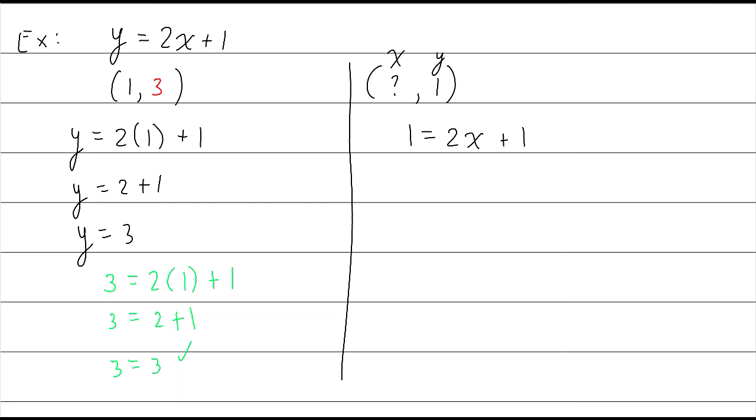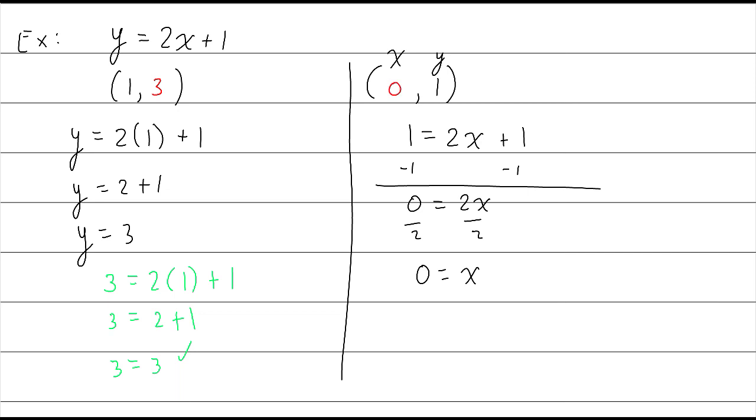I can subtract 1 from both sides. I'm left with 0 is equal to 2x. If I divide both sides by 2, I'm left with x equals 0. So if y has to be 1, then it turns out that x has to be 0.